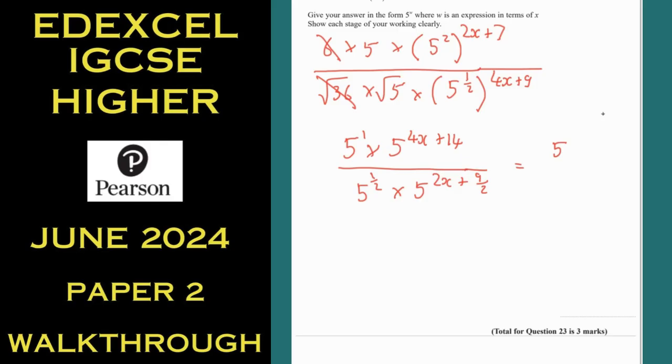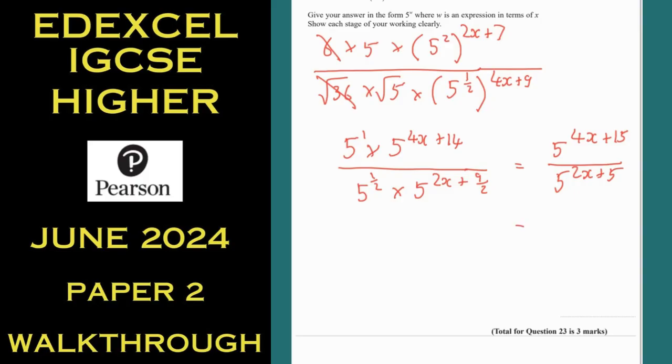So 1 plus all this is 4x plus 15. Multiply means add. So on the bottom, we get a half plus 9 halves to get 4.5 plus a half, which is 5. So on the bottom, 2x plus 5.